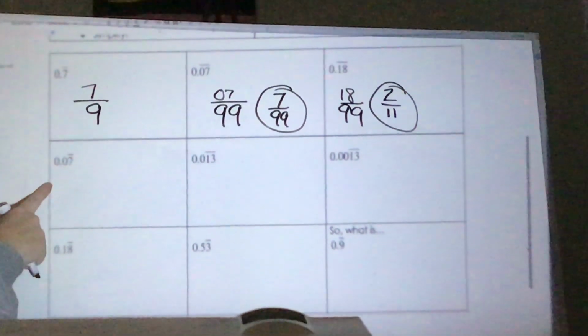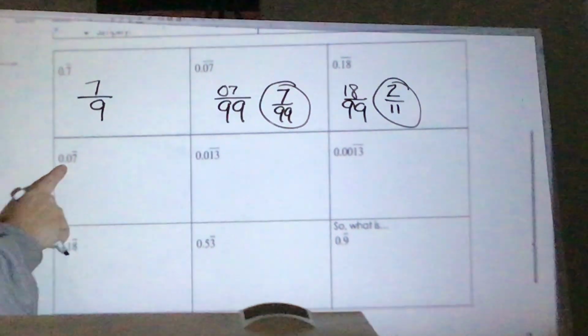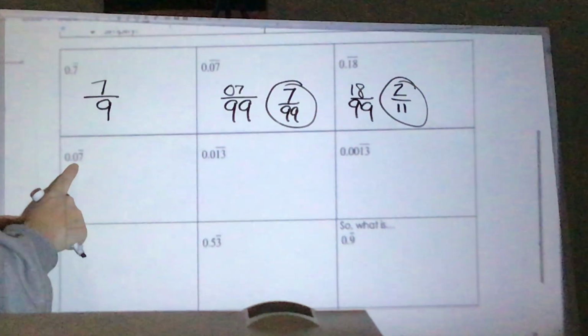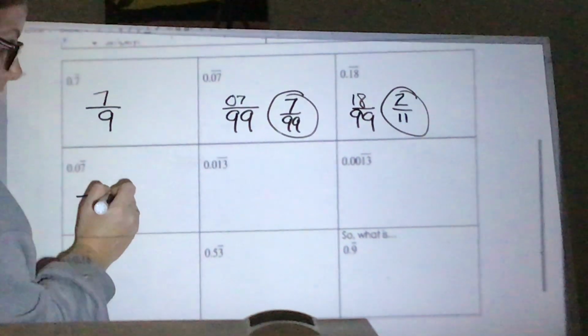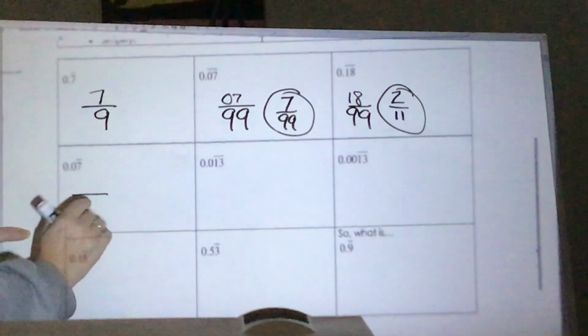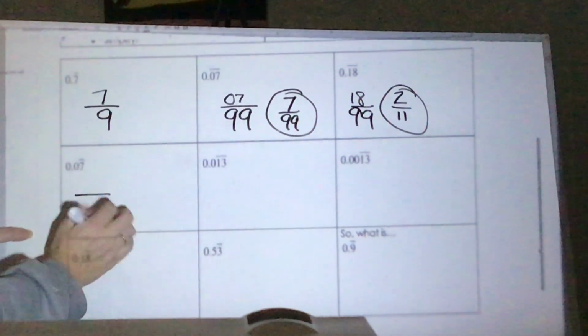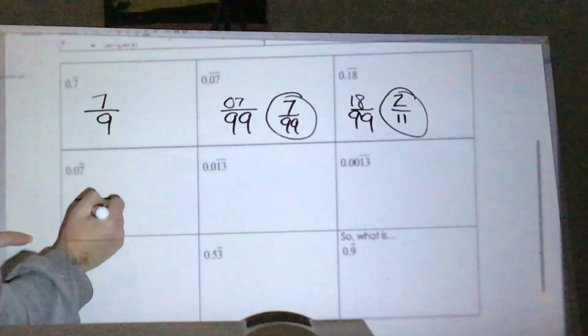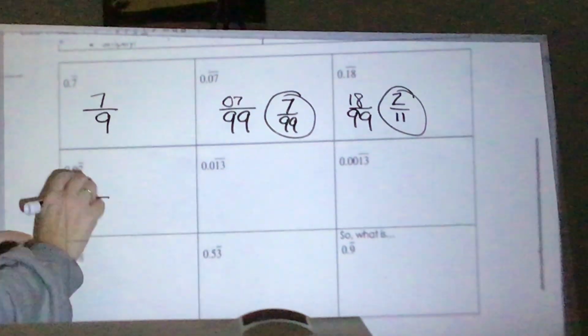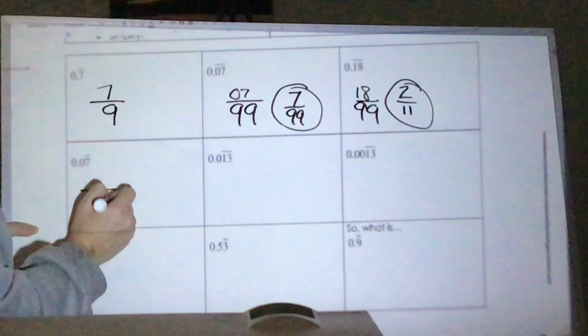In the next row, there's something different going on. We have this 0 that doesn't repeat. So when you have numbers that don't repeat, you're going to add a 0 in as a placeholder after the 9. We have one 9 because the 7 repeats. And then we have a 0 that we're going to add on as a placeholder.